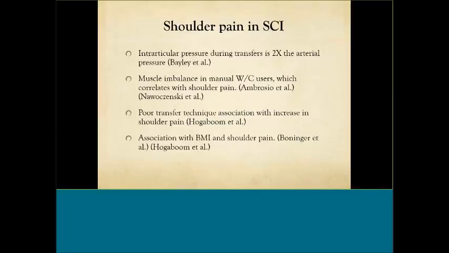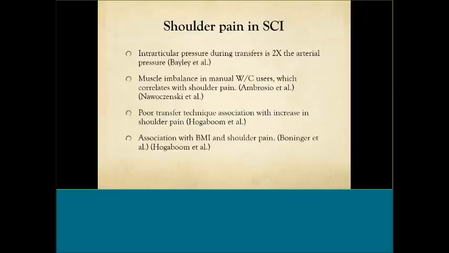Okay, and we know after multiple different types of spinal cord injury, the muscle imbalance is very different for each patient. Poor transfer techniques are very much associated with shoulder pain. It makes sense to everybody, but we all have our different ways of doing transfers. Okay, and then it's also very associated with BMI. So as we get a little bit bigger, we have a little bit more motion and force to push around.